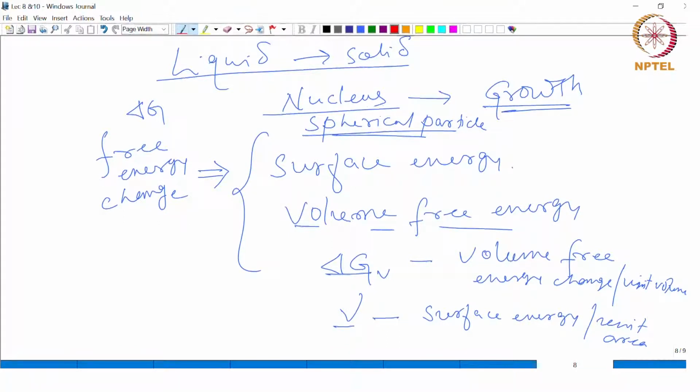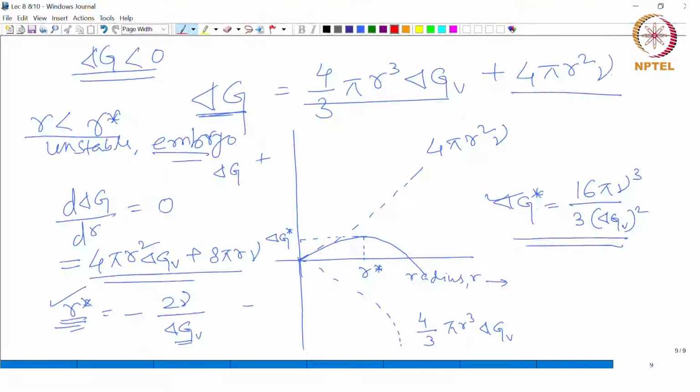Okay. So, that is the growth criteria of this nucleus which forms, and this depends on these free energy terms, or these two contributions to the free energy change. One is the volume free energy change delta G V, and another is the surface free energy, right.